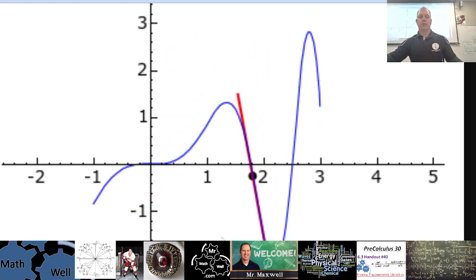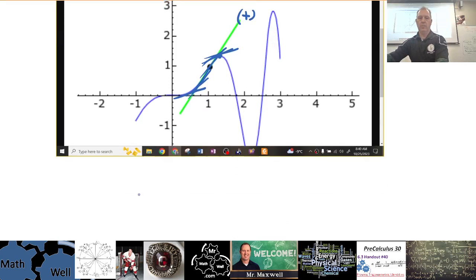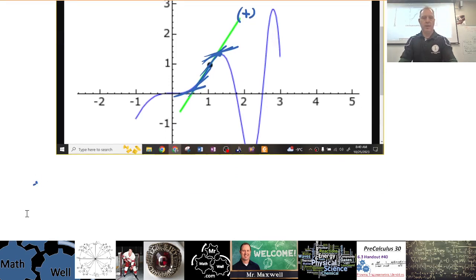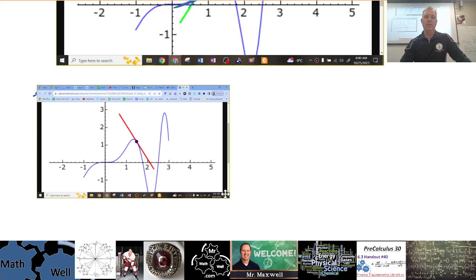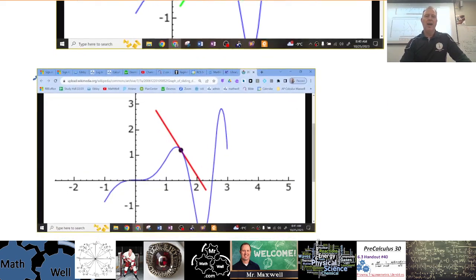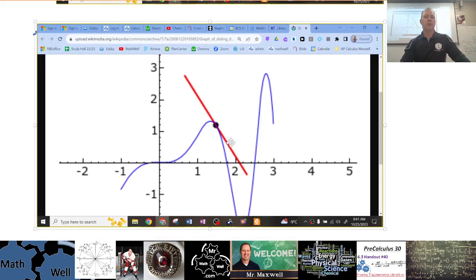Now let me plop down here another snapshot. After the local max, the derivative is negative. All of this is negative, even just after the maximum point.